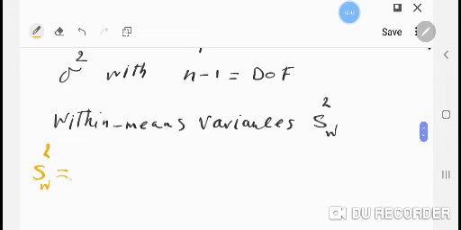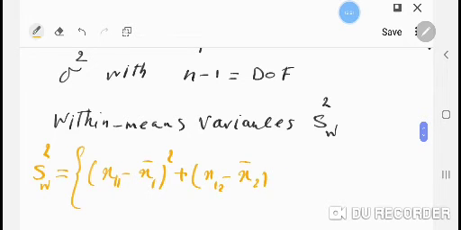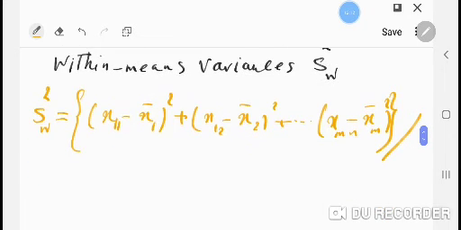SW2 is equal to x11 minus x bar 1, plus x12 minus x bar 2, and so on up to xmn minus x bar m, all squared, divided by m multiplied by n minus 1.